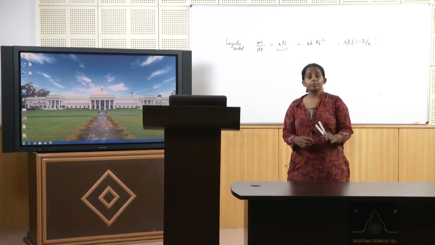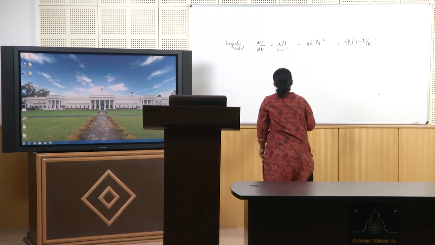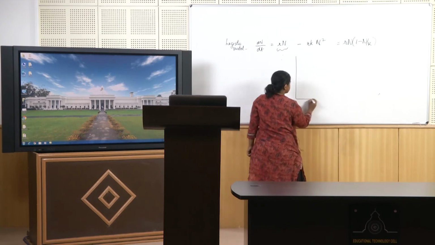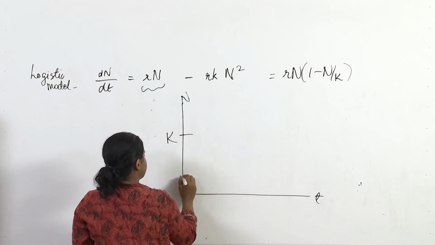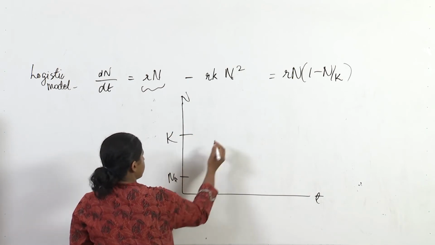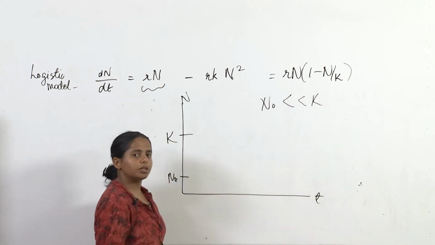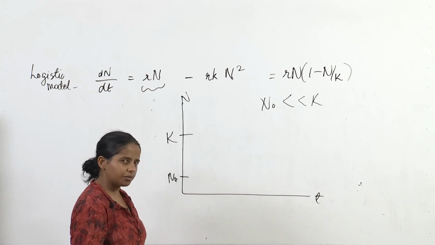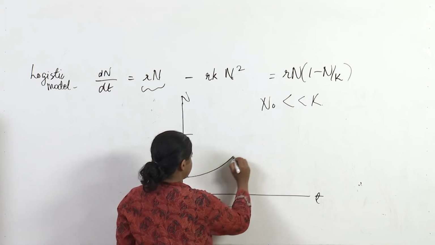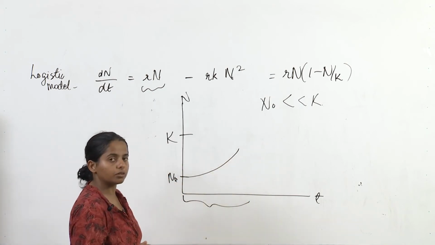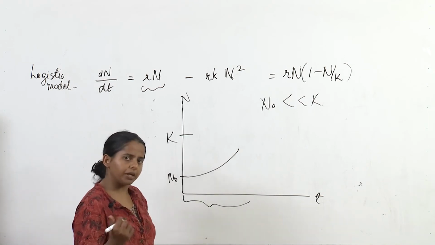So even in the logistic model, my dear students, we note that if N naught is quite smaller than the carrying capacity, so let us say this is carrying capacity K and our N naught is much smaller, it does not have to be very small, but small enough, then for quite a good duration we will see an exponential growth, or something that looks like exponential growth, and thus our first model, which was an exponential model, will be quite correct.